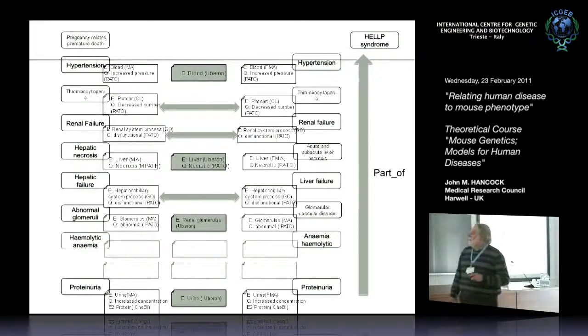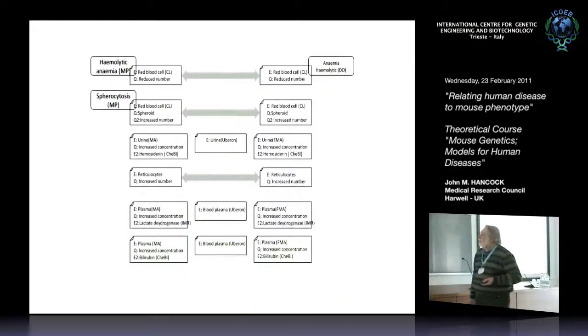So these are the bridging entities. We have blood, which is common to everything in mammals anyway. We have liver. We have a necrotic process, which is common. We have renal glomerulus, which is common. So in that bridging ontology, we have shared concepts which we can use to link across species. And that's the tricky part.